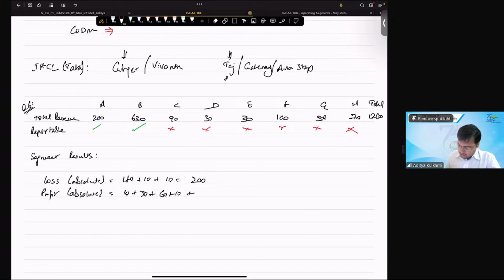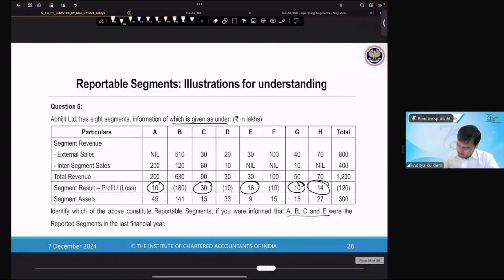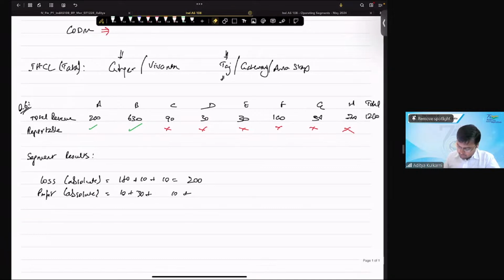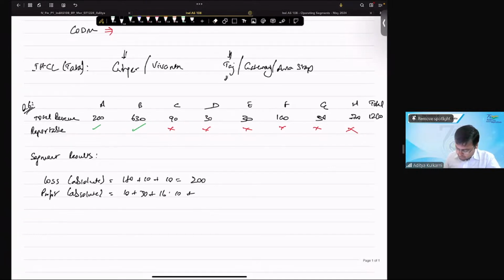So that is 80. So obviously greater of these two is equal to 200.